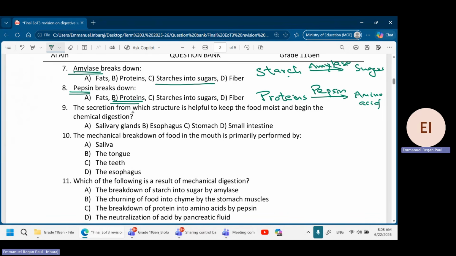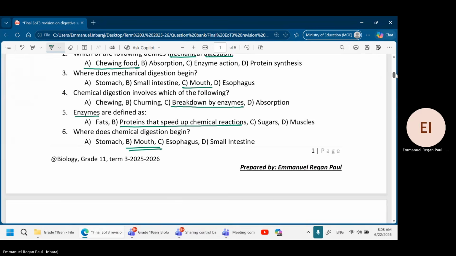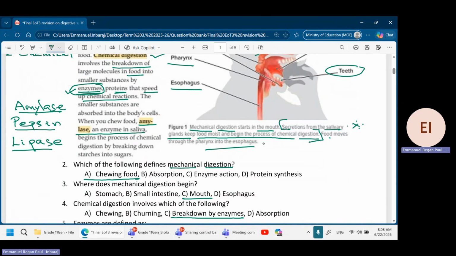Next. The secretion from which structure is helpful to keep the food moist and begins chemical digestion? Very important question. You can see here in the picture: secretion from the salivary glands keeps the food moist and begins the process of chemical digestion. So the answer is secretions from salivary glands.